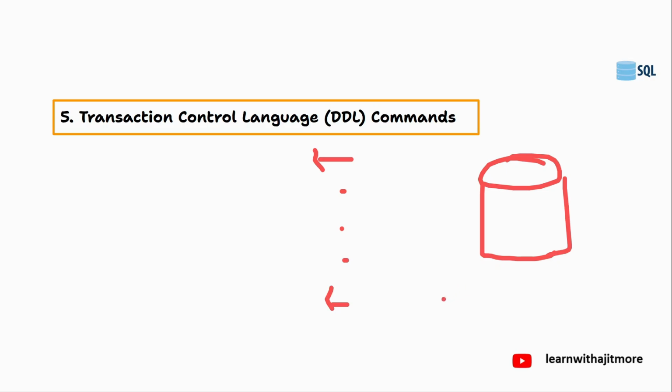Meaning for some duration, keep doing the operations, but in the primary. And once you issue the commit command, only then all the changes which have happened in the primary will be reflected in the secondary at a time. Correct? So for that we need to use this transaction.